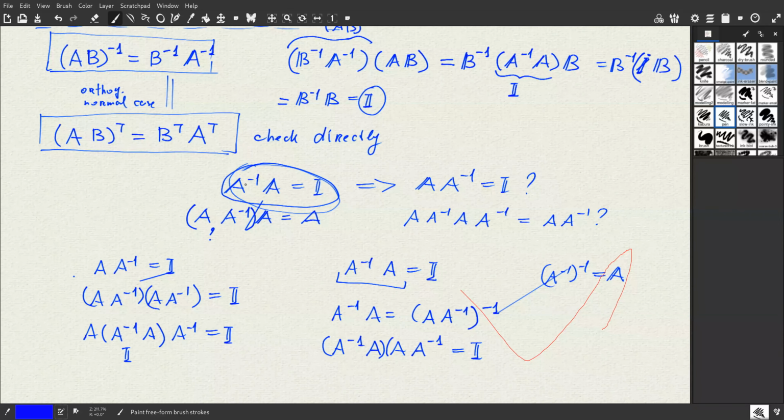We say the inverse is on the left, therefore, yes, so the inverse is on the left, yeah, that way.